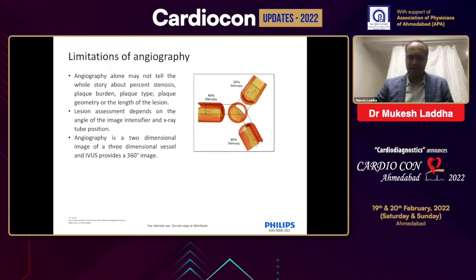But once you add IVUS, the whole perception changes, as most of the lesions we see are in two dimensions. In one dimension a lesion may look 30-40%, and in another dimension it may be 70 or 80%. This is the drawback of normal angiography, which can be countered by IVUS. IVUS gives you a 360-degree rotational image, which is a total real-time image.